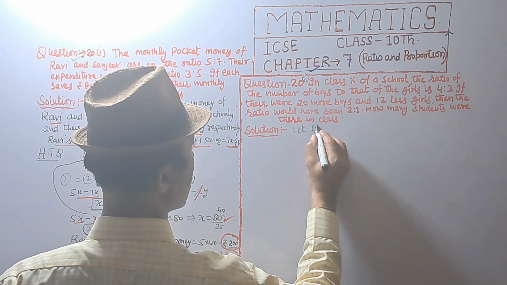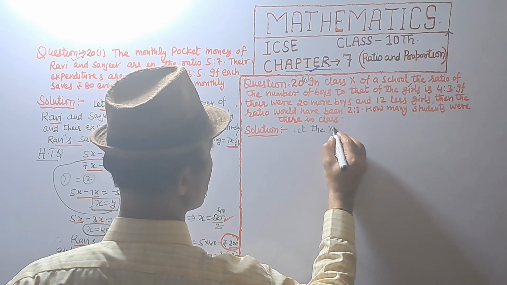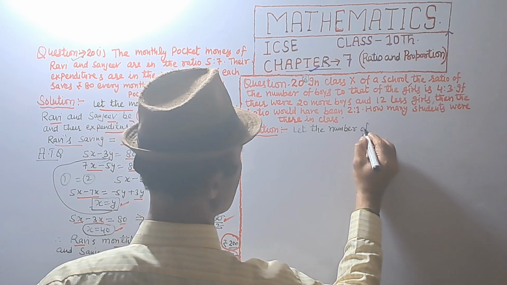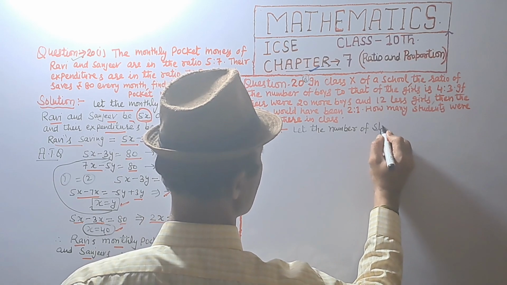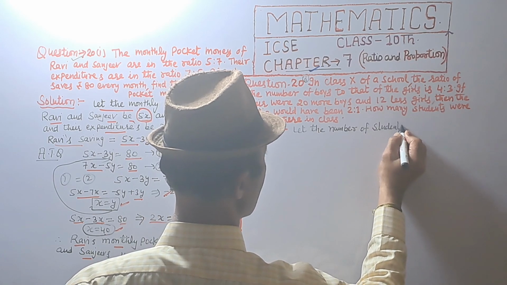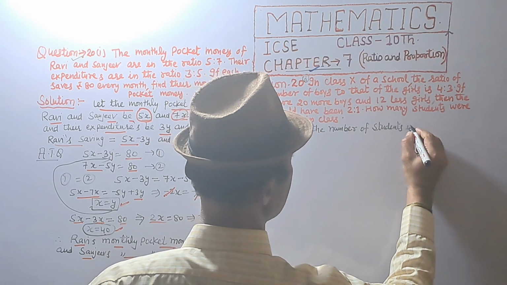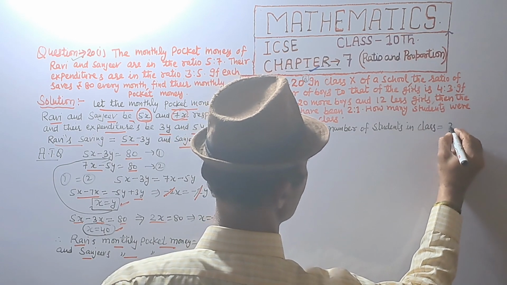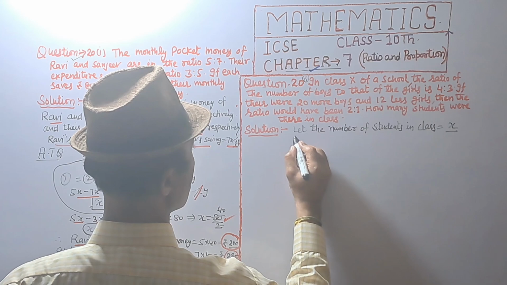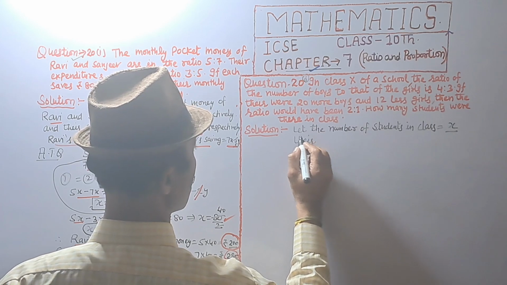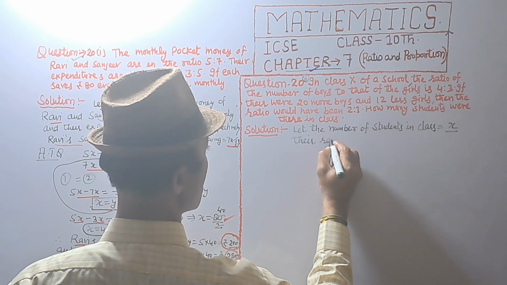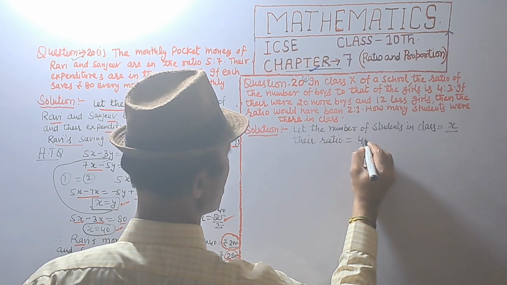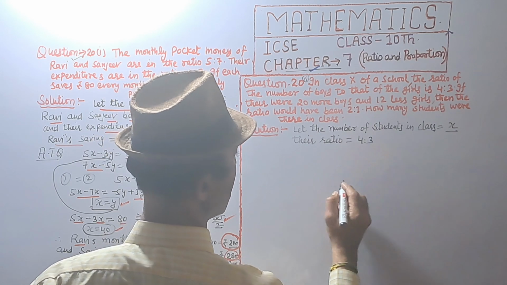Let the number of students in class be x. Their ratio is equal to 4:3.